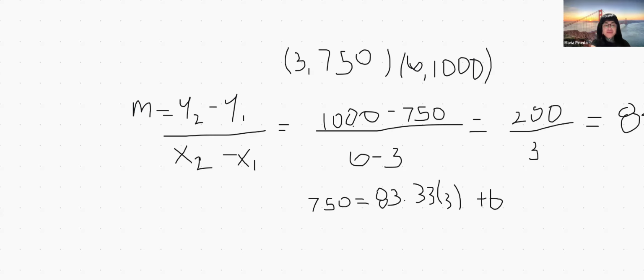The second step after this would be 750 equals 250, and the third step to this would be just pretty much subtracting both of these to get the value of b, which would be 500.